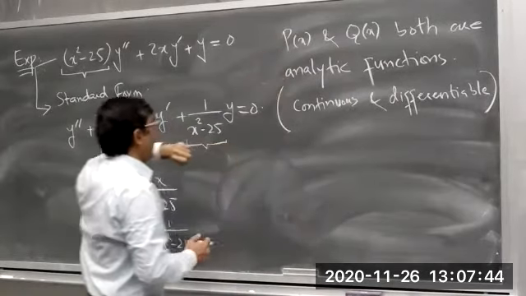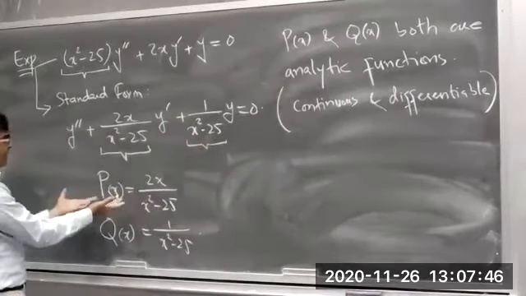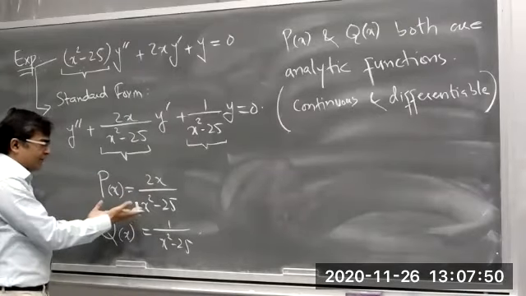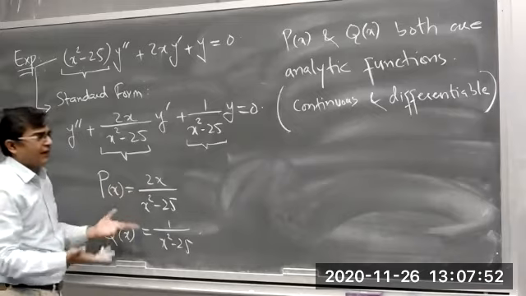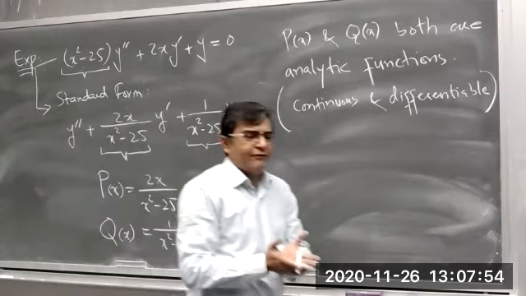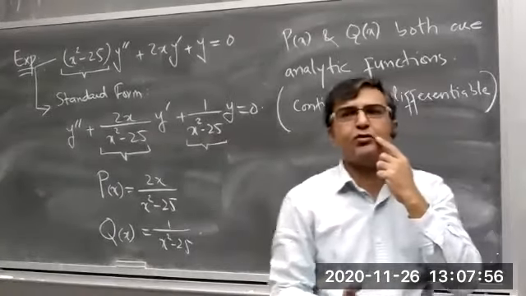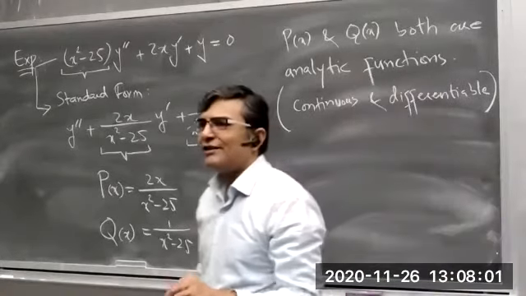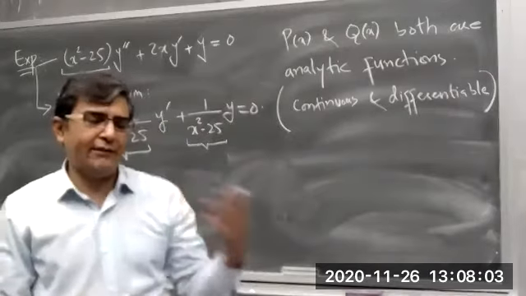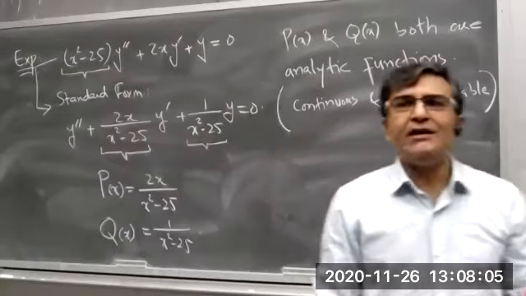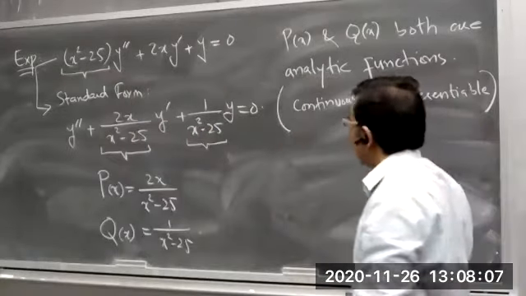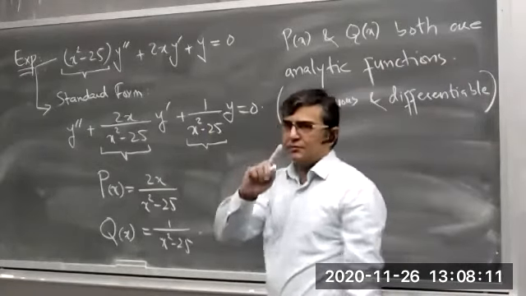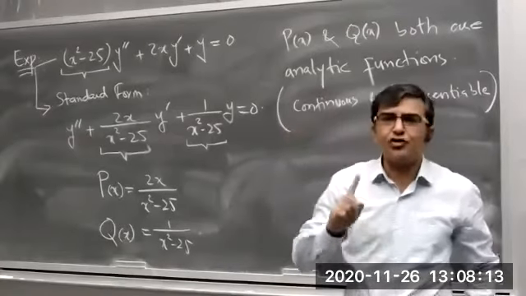So analytic means, first you see whether it is continuous or not, and at which points it is not continuous. It is not continuous at plus minus 5. If the function is not continuous at certain points, you don't need to check the differentiability, because if a function is not continuous at a certain point, it will definitely not be differentiable at those points. So here we need to check both P of x and Q of x. Both functions should be analytic.